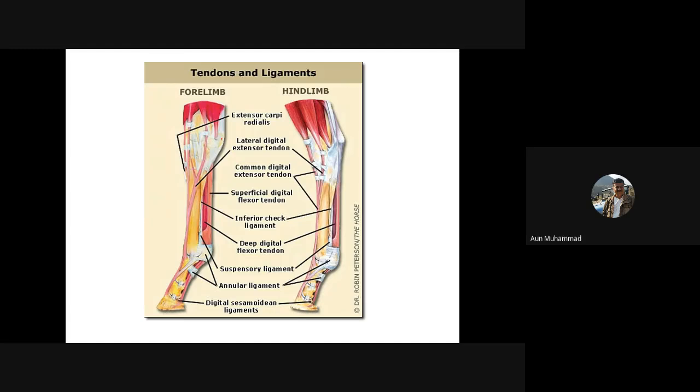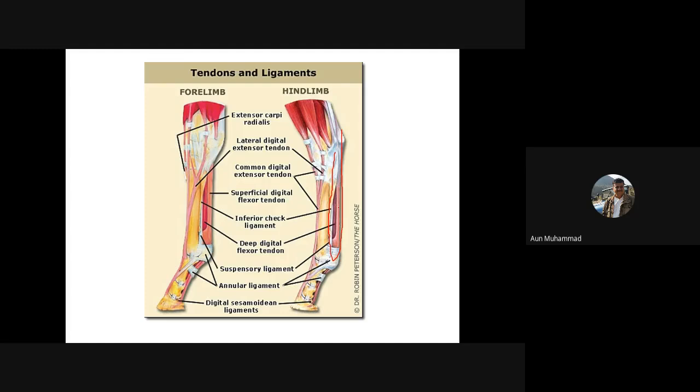Mostly we can divide these into two categories: the muscles or tendons responsible for flexion, called flexor muscles or tendons, and those responsible for extension of the limb, called extensors. If you look at the most caudal aspect, this area is contributed by the flexor muscles, starting from the superficial digital flexor tendon, and inside to this is the deep digital flexor tendon.